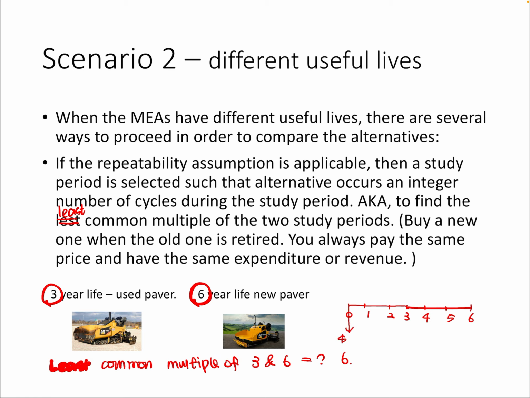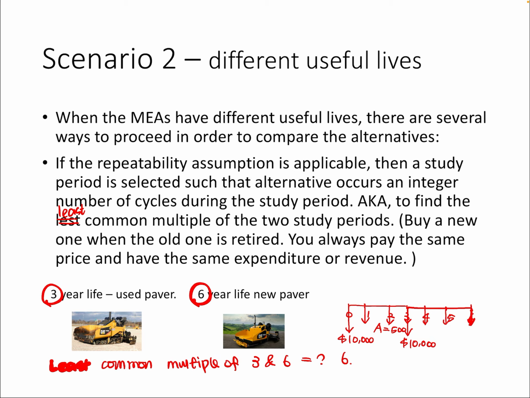For example, if at the beginning you pay 10,000 for this paver, and the maintenance fee is maybe annuities of 500 every year, then after the 3 years you're going to pay the same amount for another used paver. So at the end of the 3rd year you're going to pay another 10,000 for the same type of paver.